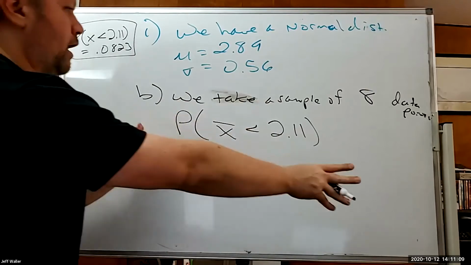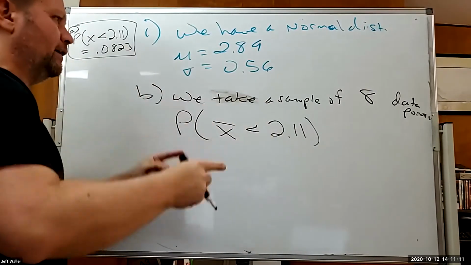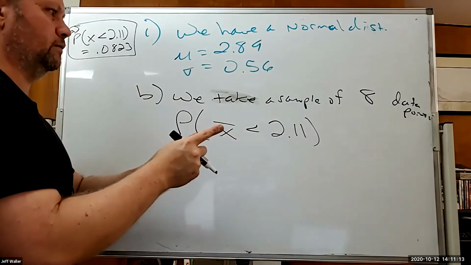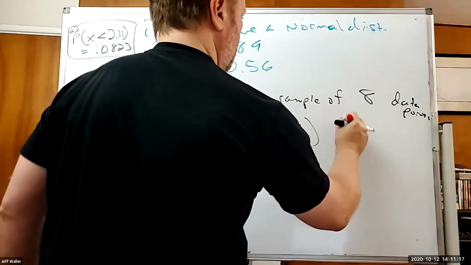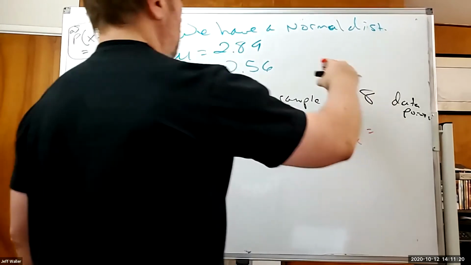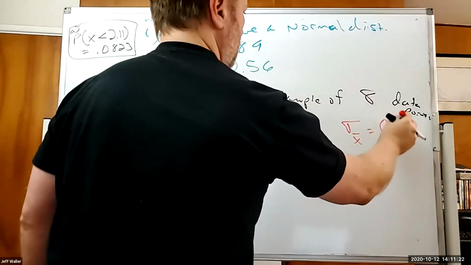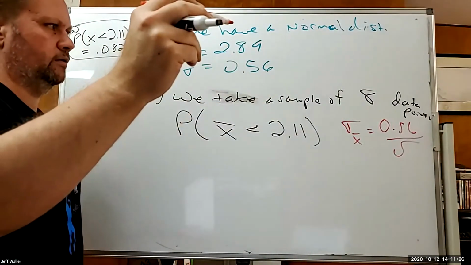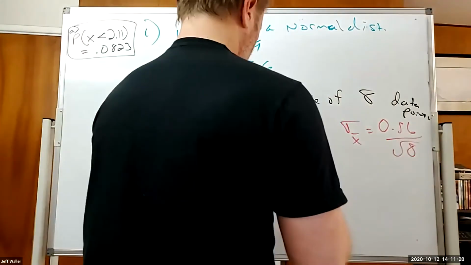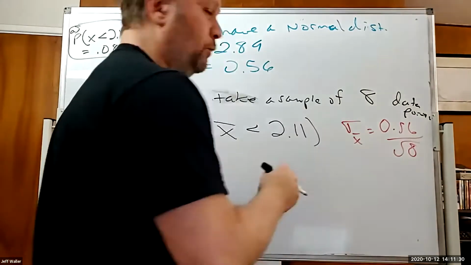If I just do this problem, I'm going to get the same answer, and that's not right. What's supposed to change? The standard deviation. That's the first thing you do. It's going to be the old one, the one for individuals, divided by the square root of 8. So roughly 0.2, maybe?